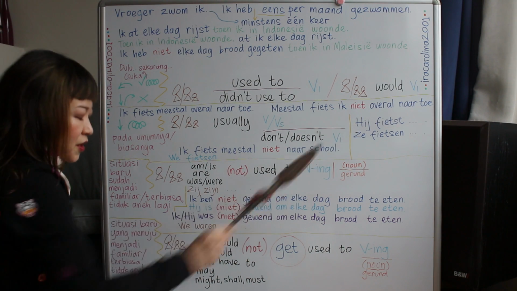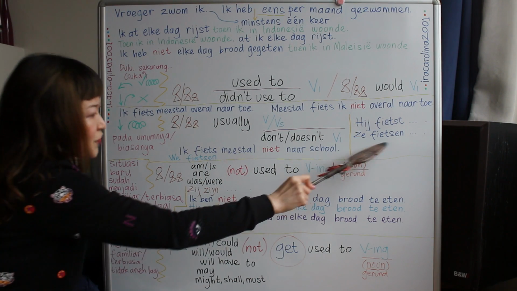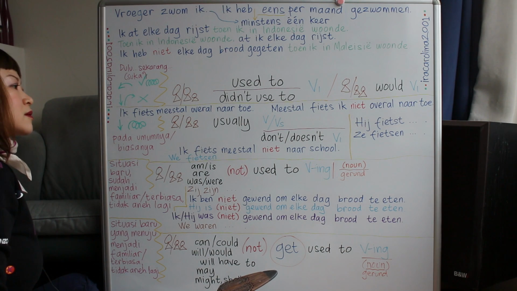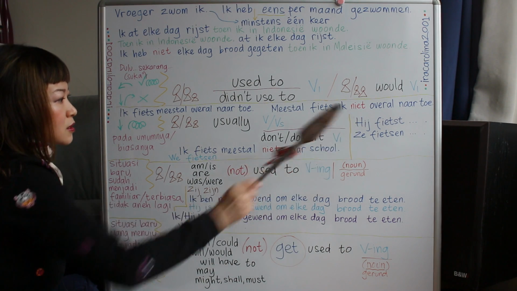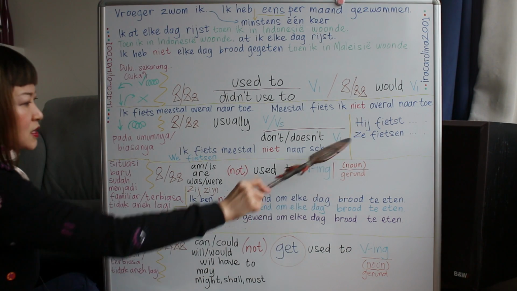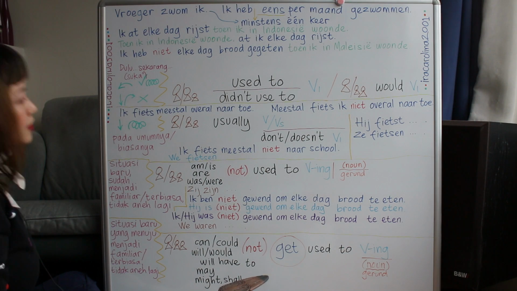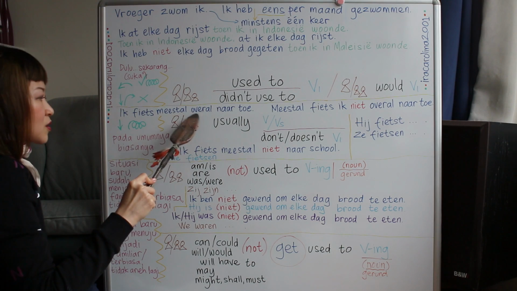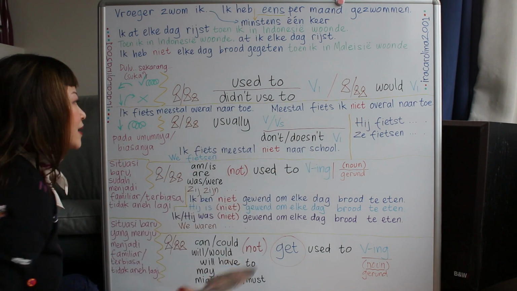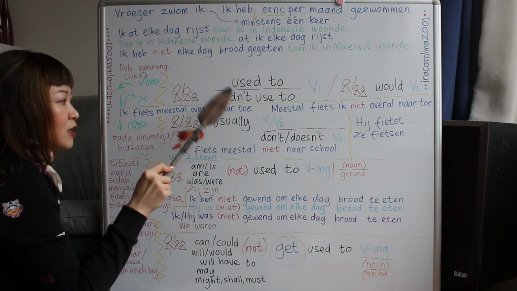If ze fietsen, bike. For plural subject, you put fietsen for bike. This is they. Ze fietsen meestal, overal, naartoe. They bike most of the time everywhere. Overal, naartoe.